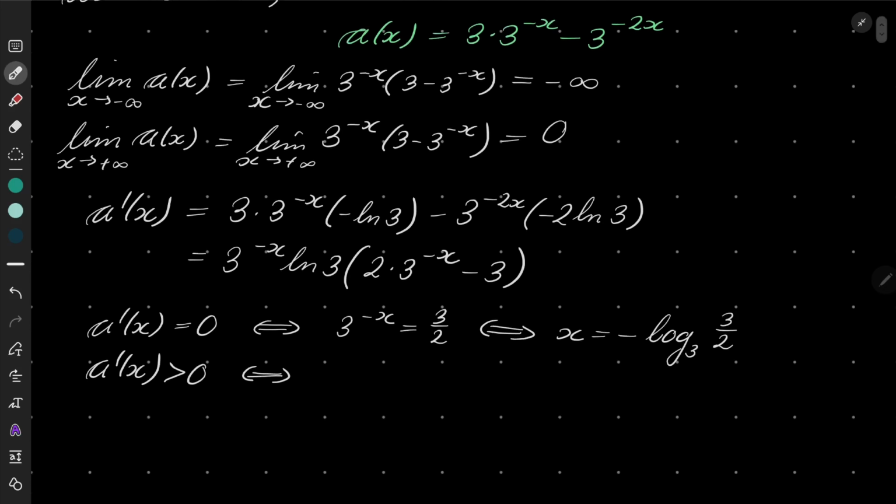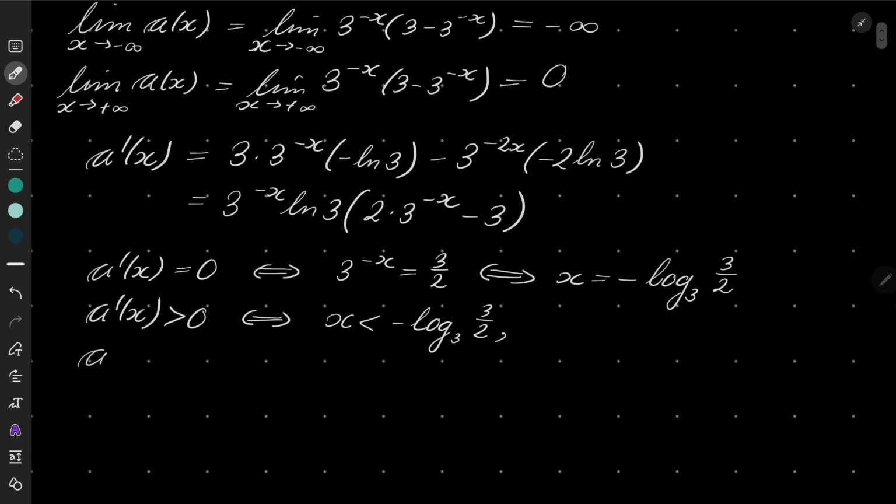And when is our derivative positive? It's pretty easy to see that it happens when x is less than this number. And our derivative is negative if and only if x is greater than the base-3 logarithm of 3/2 with a minus sign.